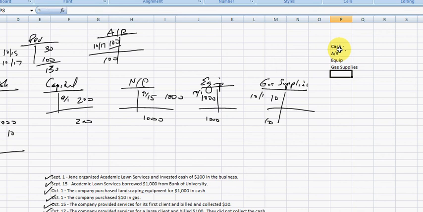And then let's go ahead and do notes payable, revenues, and capital. Let's start up a debit balance and a credit balance.